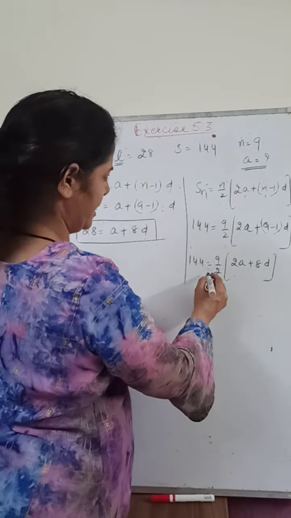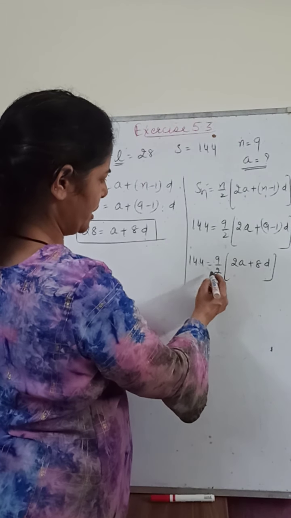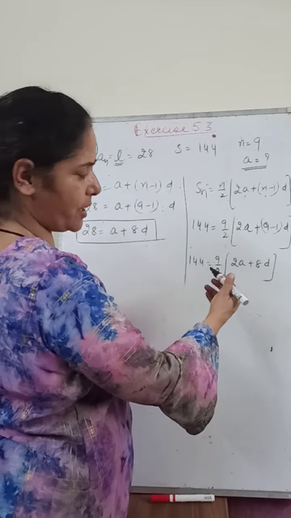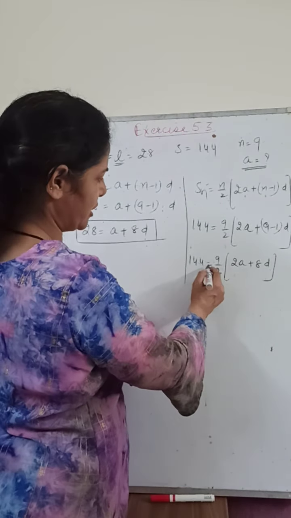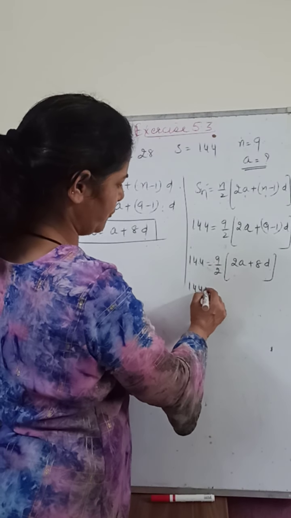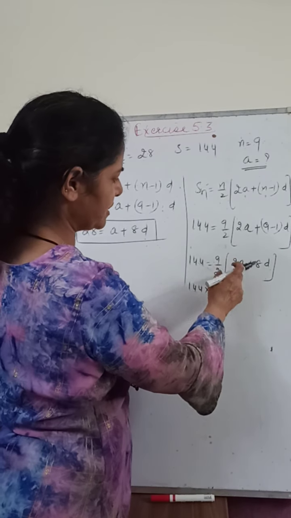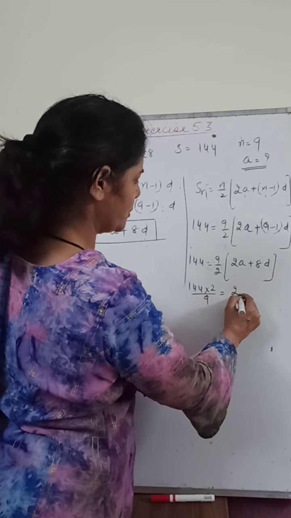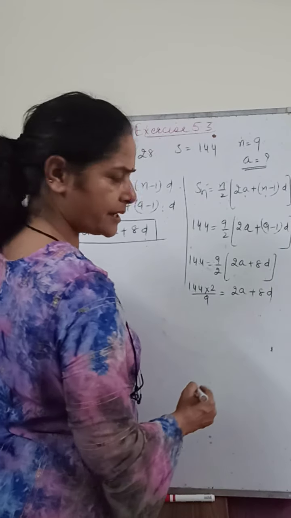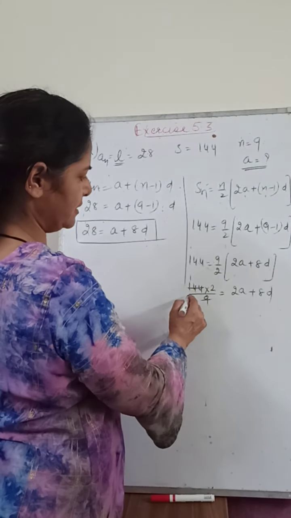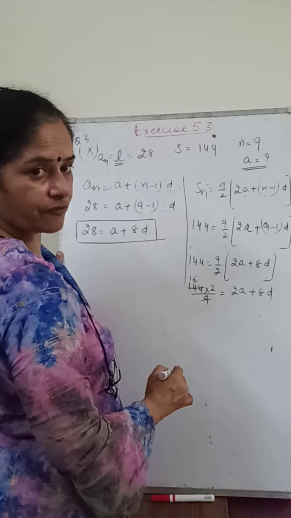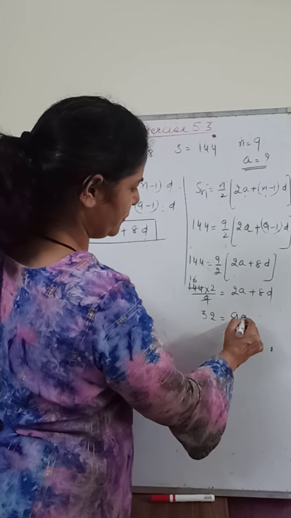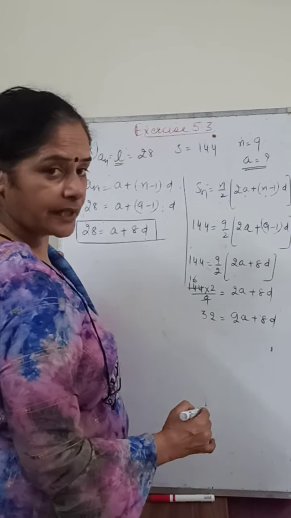Clear? It's up to you how you solve the question. In this equation, take 2 up, 9 down. 144 into 2 upon 9 is equal to 2a plus 8d. 9 ones are 9, 9 sixes are 54, 9 twos are 18, so 32 is equal to 2a plus 8d.